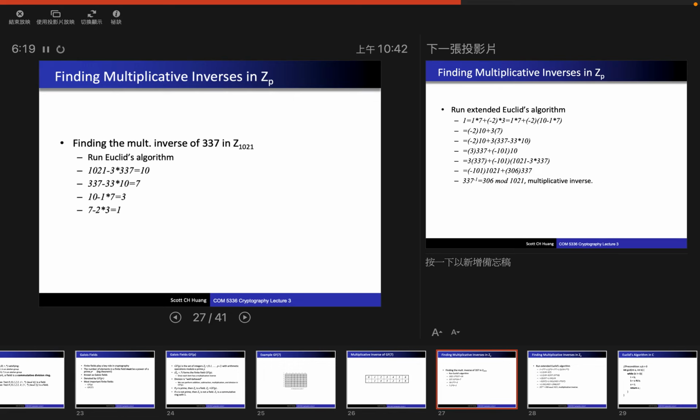And then 3 can be represented as a linear combination of 10 and 7. If we combine those, then 1 can be represented as a linear combination of 10 and 7. And then if we go backwards, finally the goal is to represent 1 as a linear combination of 1021 and 337. That's our goal. So let's do that.